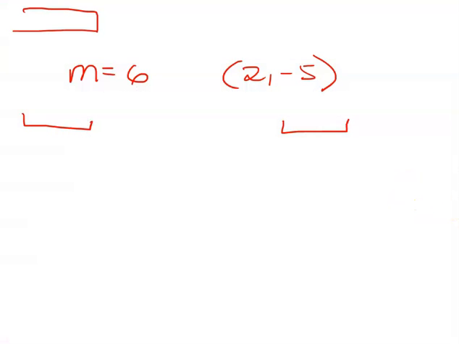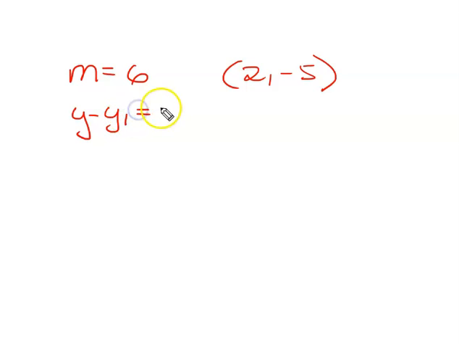And we want to find the equation of this. Well, our form is y minus y sub 1 equals m times x minus x sub 1. And you'll need to use that a few times to practice it.